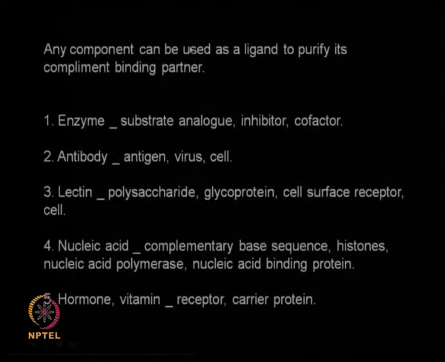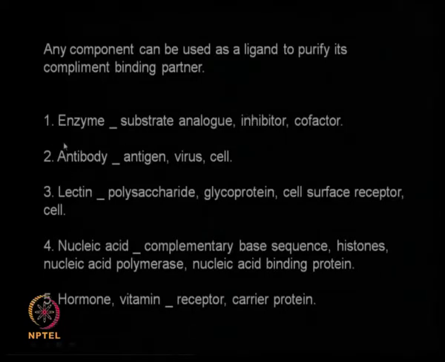Any component can be used as a ligand to purify its complementary binding partner. For an enzyme, it could be a substrate analog, an inhibitor, or a cofactor. If it is an antibody, it could be an antigen, a virus, or a cell. If I am going to separate a virus present in a mixture, I run it through an affinity chromatography column where the antibody is my affinity ligand, so only that particular virus will be captured by this antibody.